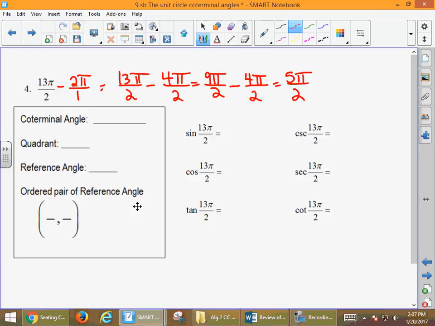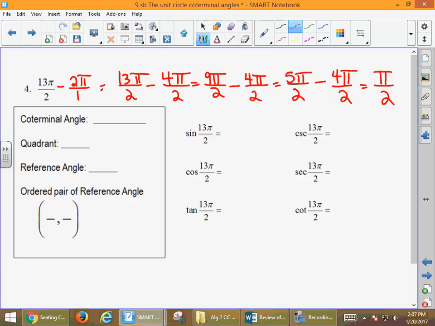Is 5 pi over 2 on our unit circle? Nope. So we subtract 2 pi again, and 2 pi is also 4 pi over 2. And when we subtract that, 5 pi over 2 minus 4 pi over 2 is 1 pi over 2. Is pi over 2 on our unit circle? Yes.